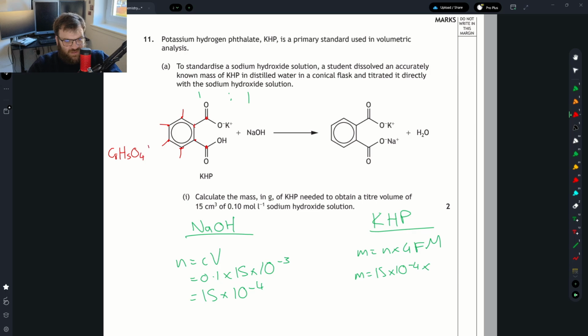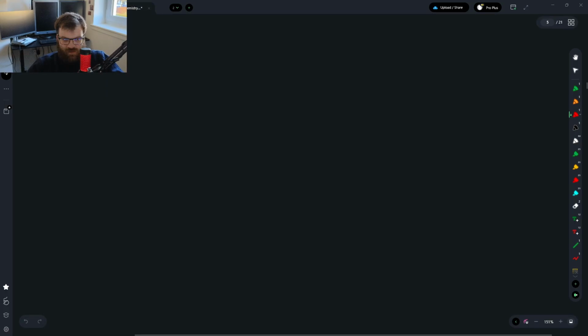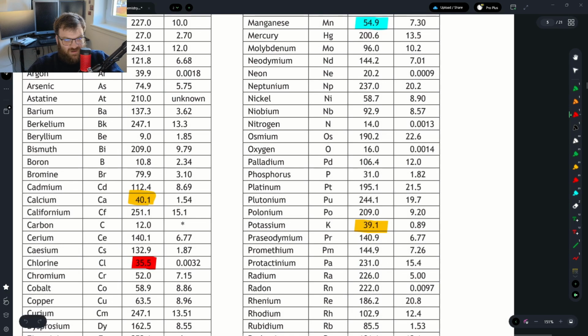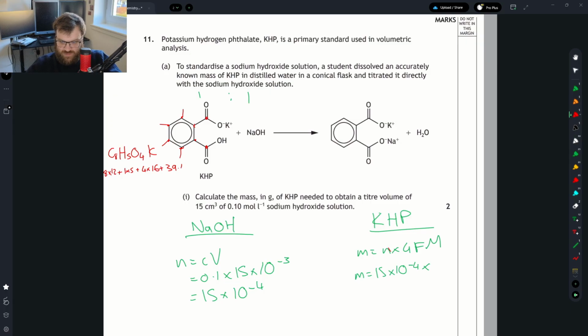Oh, there's 4 O and there's 1 K. So we've got 12 for carbon. So 8 times 12 plus 1 times 5 plus 4 16s plus 39.1. There. 204.1. Multiply that by our number of moles. 0.36 grams is our answer for that one.